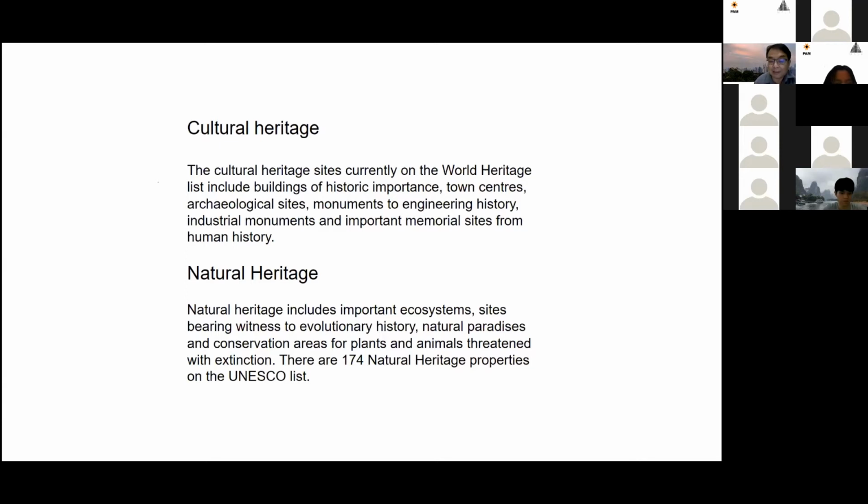Natural heritage includes important ecosystems, sites bearing witness to evolution history, natural paradises, and conservation areas for plants and animals threatened with extinction. There are 174 natural heritage properties on the UNESCO list. So there's a distinction between these two now. Of course, there are many more.